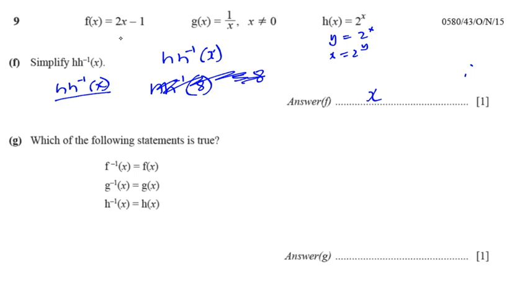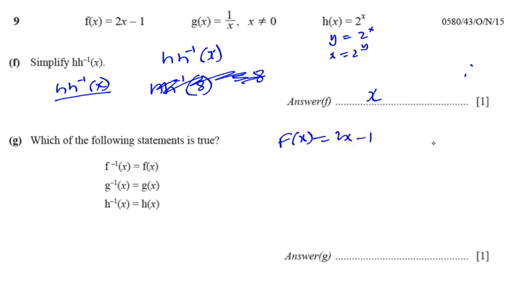Then it says, which of the following statements is true? Now, is the inverse of function f the same as the original function? Well, let's see. It doesn't look like it is, but if you want to make sure, f(x) is equal to 2x minus 1.